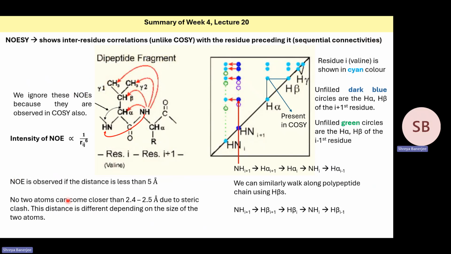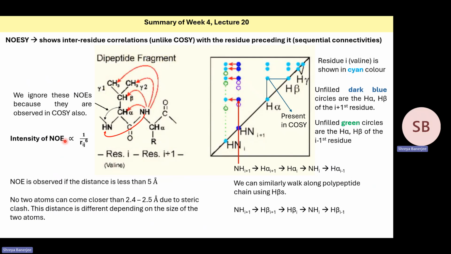Now, something to remember is that NOE can only be observed if the distance between the two protons is less than 5 angstrom, because beyond 5 angstrom this term becomes too small and the intensity is so low that you can't see it. Another thing is that you cannot infinitely keep decreasing R and get extremely high intensity.